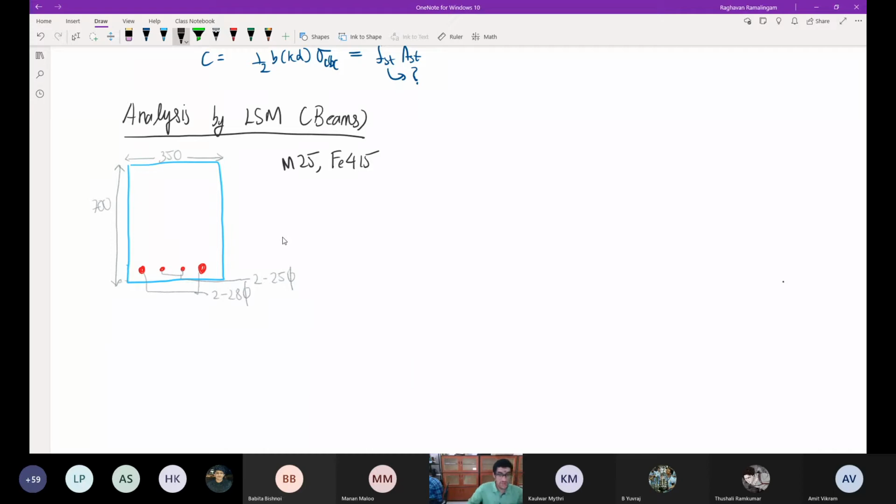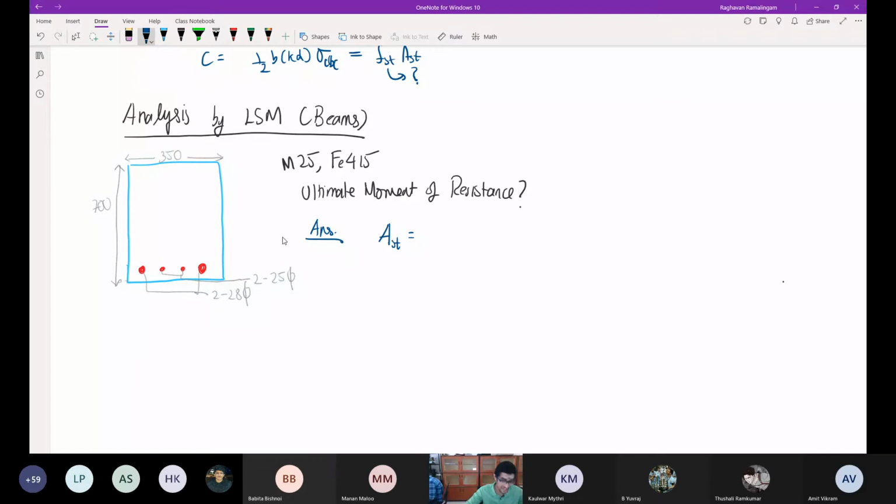Okay, so this is the first problem, and we want to find the ultimate moment of resistance. So this is what is needed. For this problem, I want you to first find out the total AST, the total area of steel.